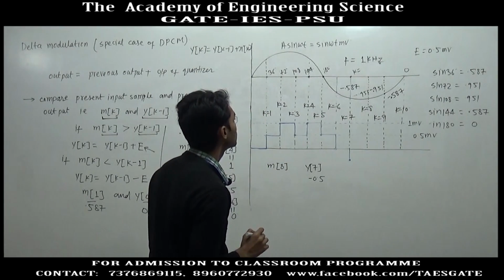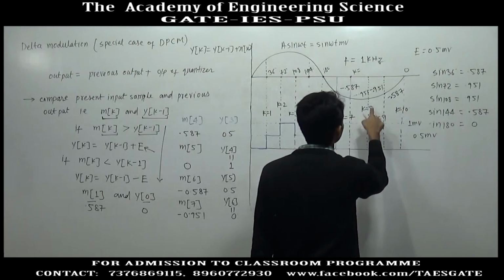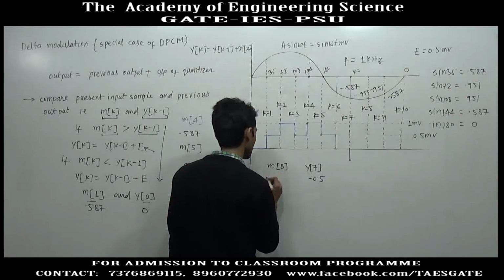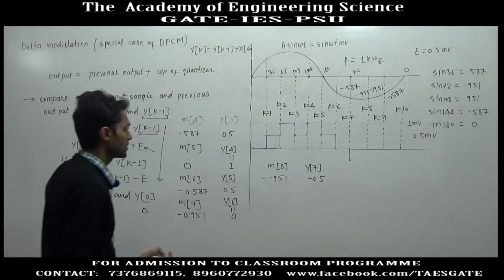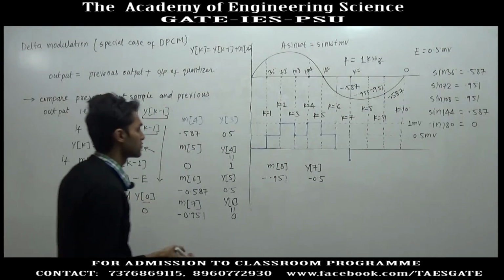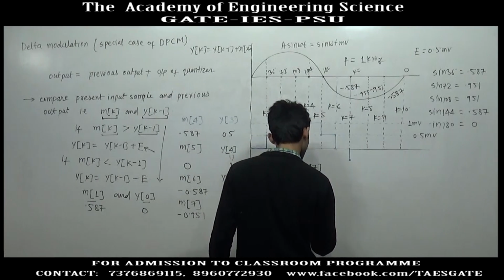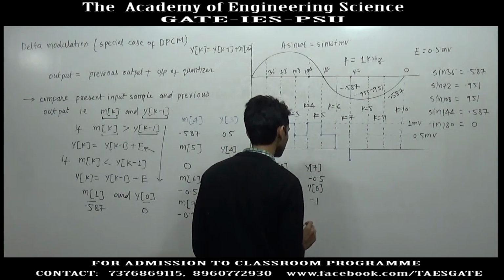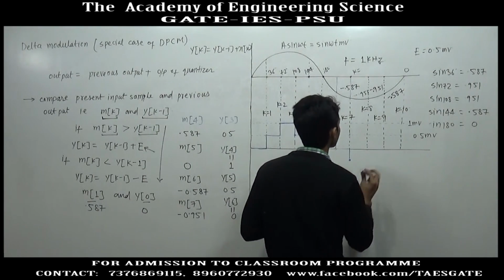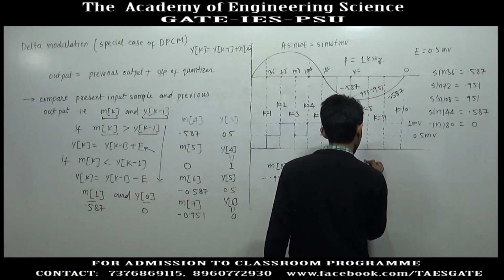Now at k equal to 8, the input sequence is minus 0.951. So again input is less than previous output, so the output will be subtracted. So Y8 is equal to minus 1.